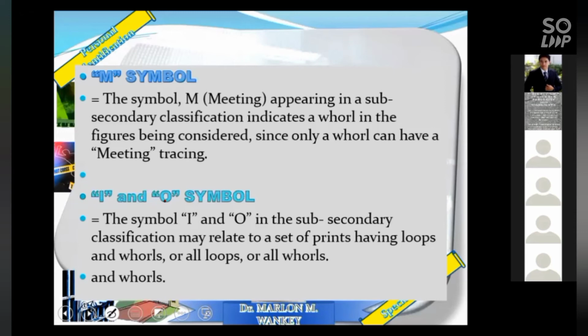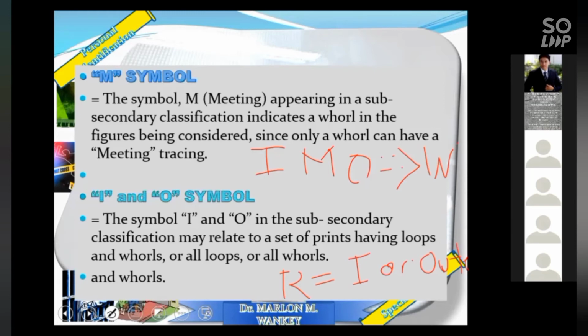So, for ridge tracing, it is either inner, meeting, or outer, but this is only for whorls. When we are talking about loops, it is either inner or outer. Okay? This is the ridge count. This one is the ridge tracing.